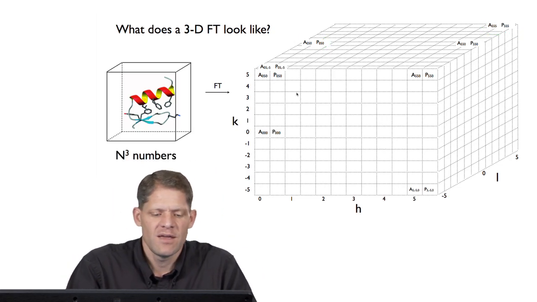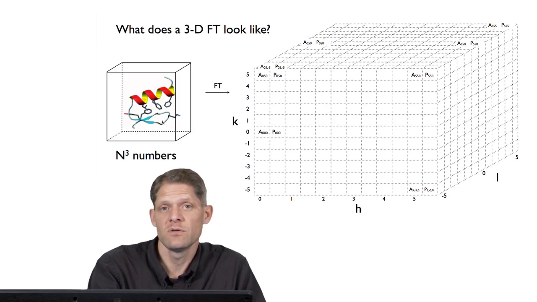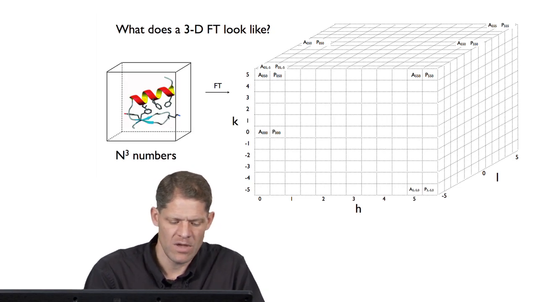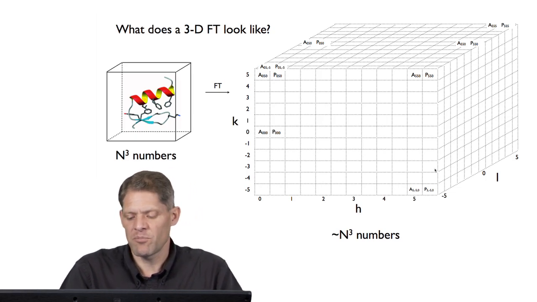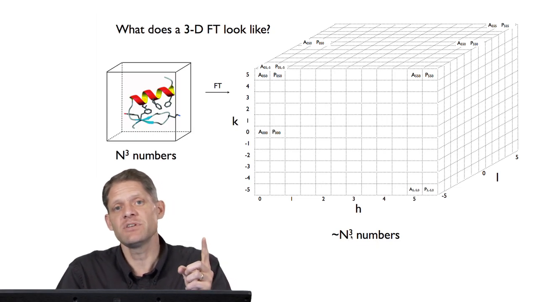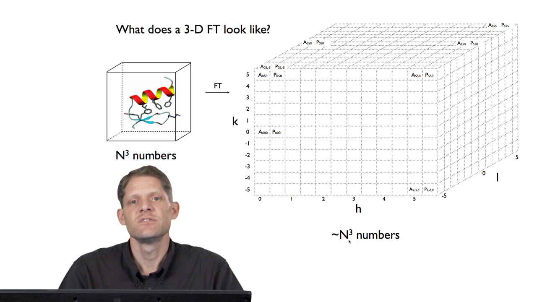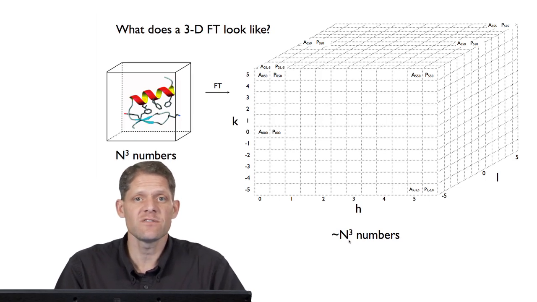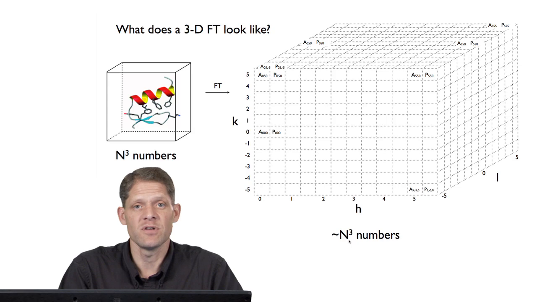Now again, if this image has n cubed voxels, in the Fourier transform, there are approximately n cubed values. These n cubed values represent the amplitude and phase of n cubed over 2 sine waves, 3D sine waves, n cubed over 2 Fourier components.